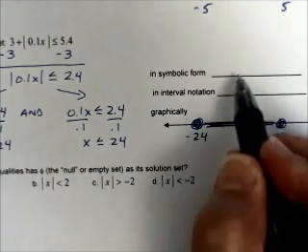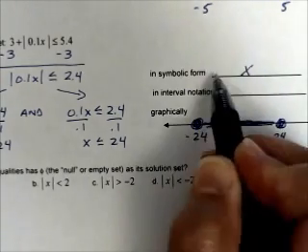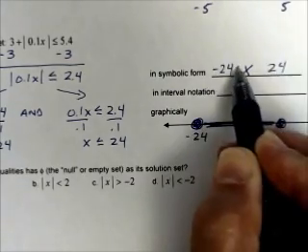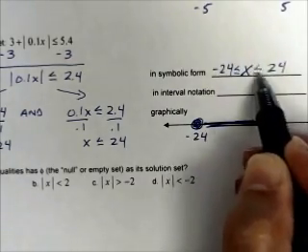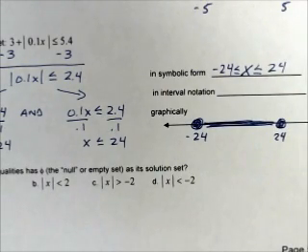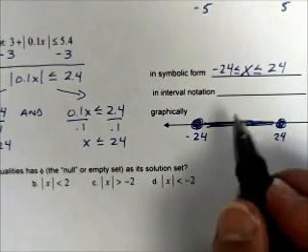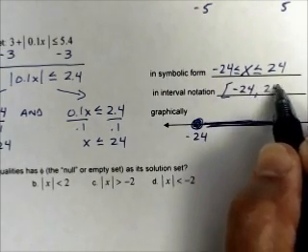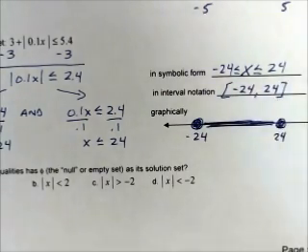Symbolically, x is between negative 24 and 24. Interval notation, bracket, negative 24, comma, 24, bracket.